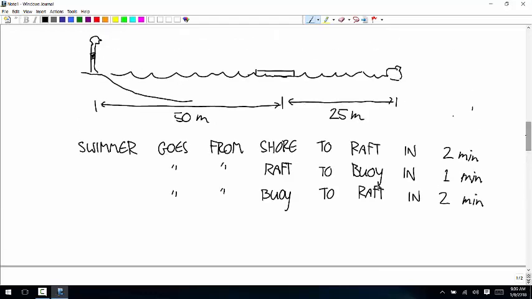But in order for us to put numbers to this stuff, so let's say that we want to draw a position versus time graph, we have to make these choices of the 0 position, 0 time, and positive direction.